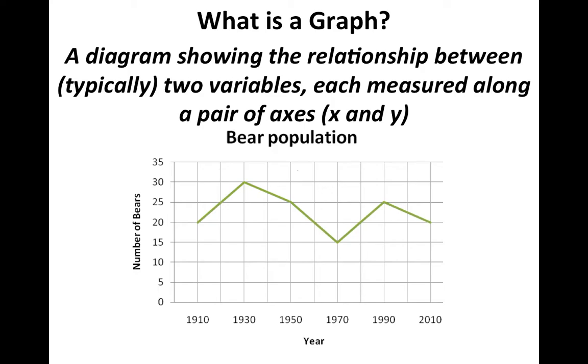And that's just kind of in your face, very easy data. You would have noticed that the Hubba Bubba had the largest mass and the biggest bubbles. If you look right here, if you notice the population of bears, that's what this graph is showing right here, is that throughout the years, the number of bears increased and then decreased dramatically. Kind of fluctuates, I guess you can say. Okay, so a graph is a diagram showing the relationship between two variables.